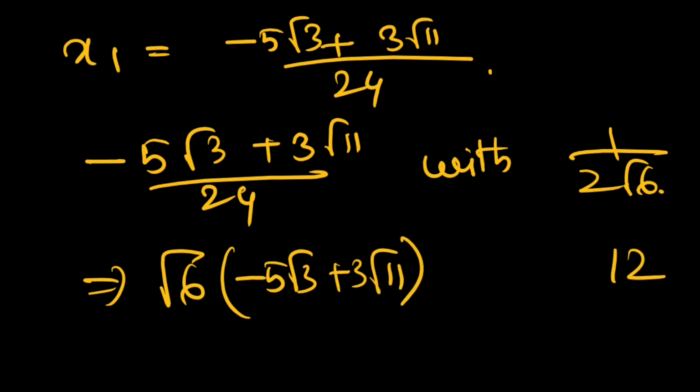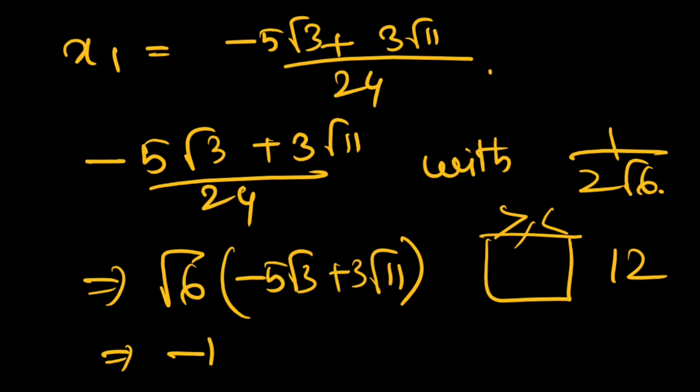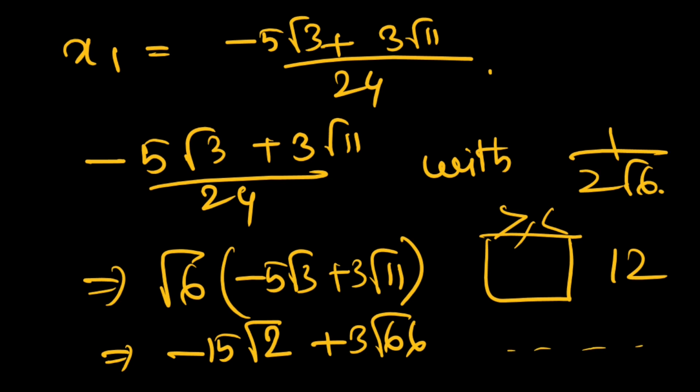So we want to check which inequality is suitable, greater than or less than. That is minus 15 root under 2 plus 3 root under 66, that is the same. So now the question is, is it greater than or less than 12? In this case, from here it is not clear to say whether it is greater than or less than.